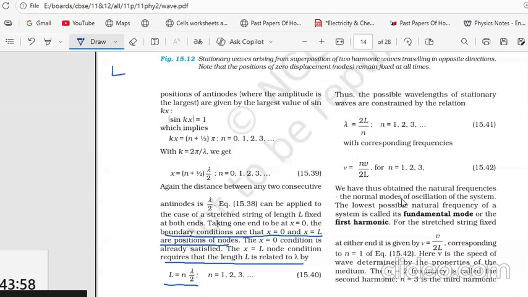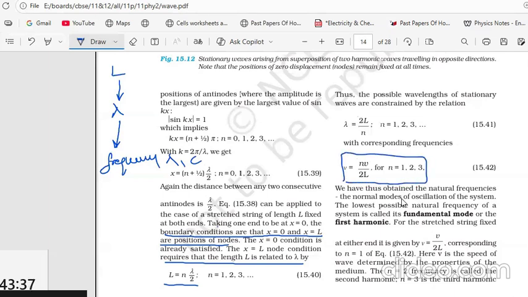That means on L depends lambda, and the frequency is dependent on lambda and speed. Okay, and you get this expression.